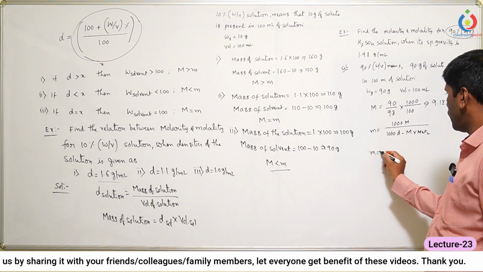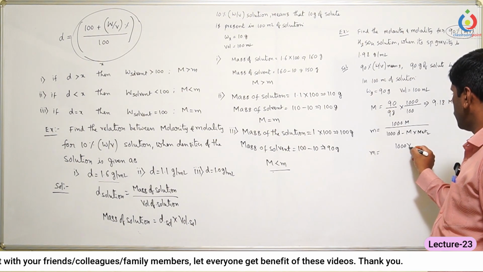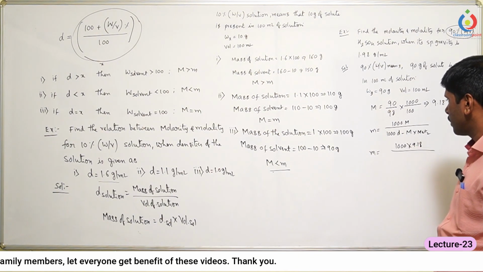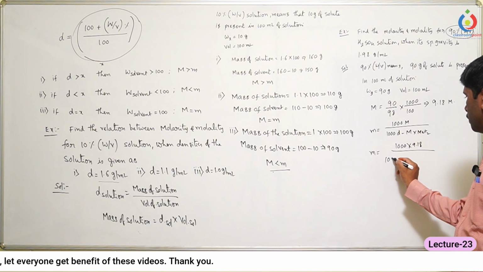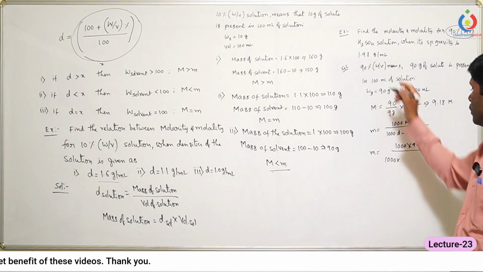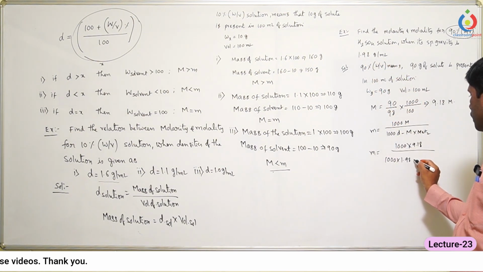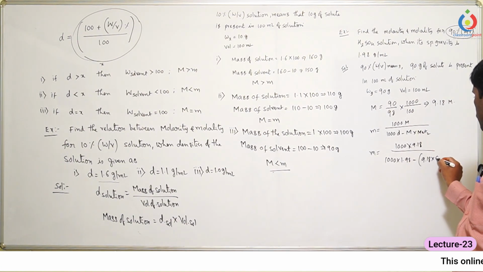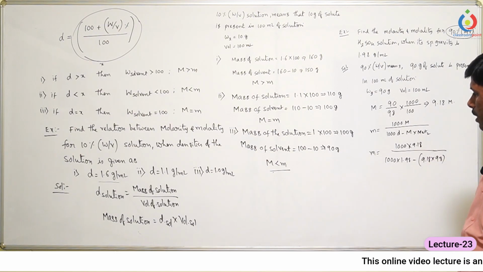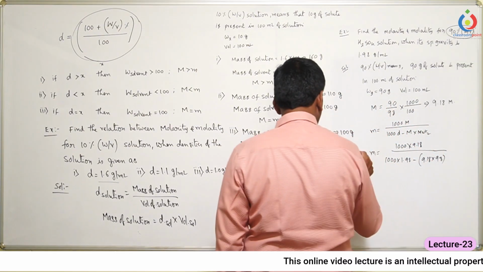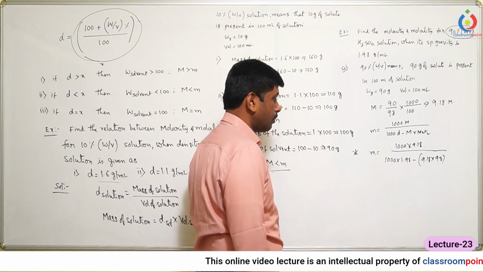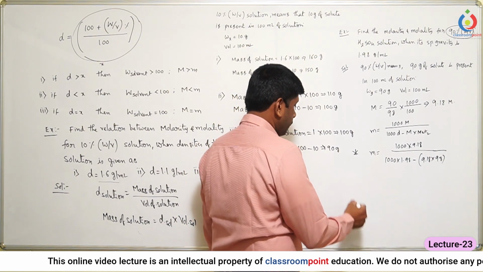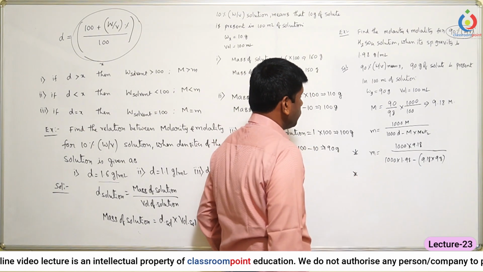So here, molarity is 9.18, what we calculated, so 1000 into 9.18 divided by 1000 into density, given as 1.98, minus molarity again 9.18 into molecular weight of the solute 98. This is one way we can solve the question of the molality. Every format will give the same answer. So let us see another format.